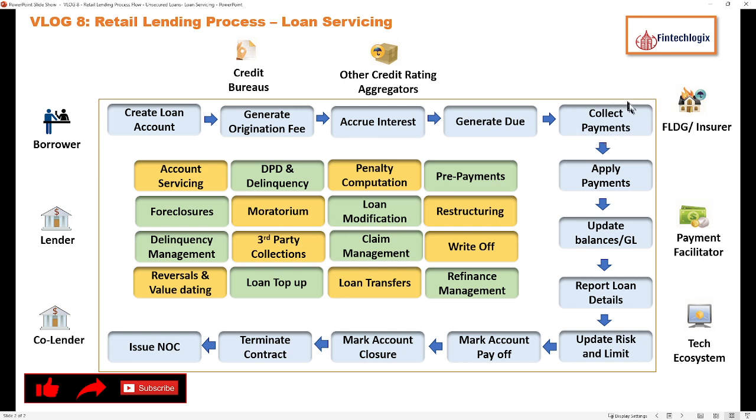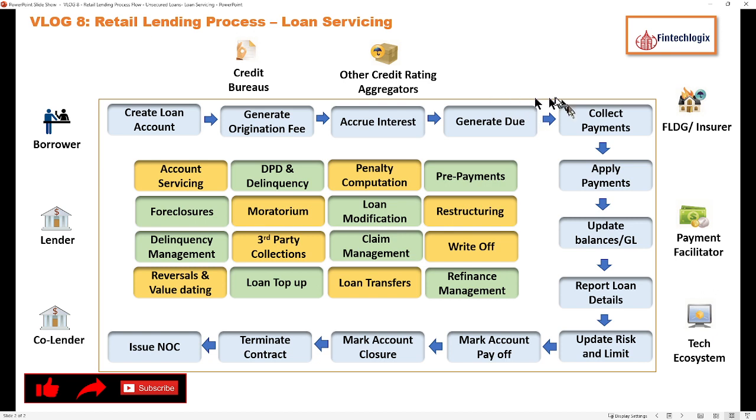Now, as per the setup, we collect payment. It can be from your wallet, or it can be by a mandate from your bank account. So the collection of payments happens. There is one important step which comes next, which is apply payment. Applying payments means, first, recognizing the payments under different heads.